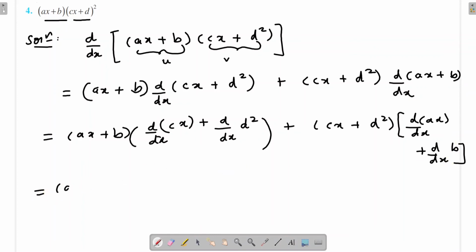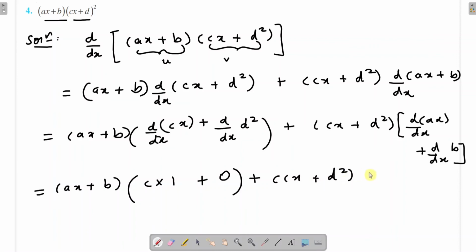So this will be equal to ax plus b multiplied by the derivative of cx, c will come out, multiplied by the derivative of x, which is 1, so c multiplied by 1, plus the derivative of the constant d square, that is 0, plus cx plus d square, and then the derivative of ax, a is the constant, it will come out, multiplied by the derivative of x, that is 1, plus the derivative of b is 0, it is a constant.